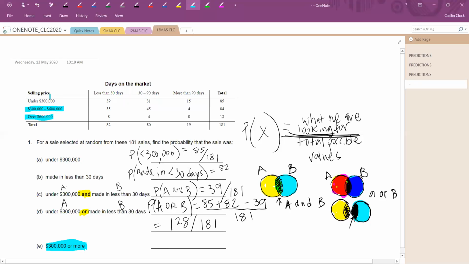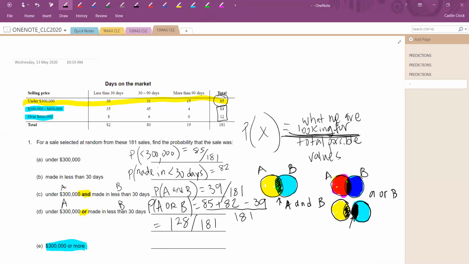So I'm just including these two rows and not the row on top.